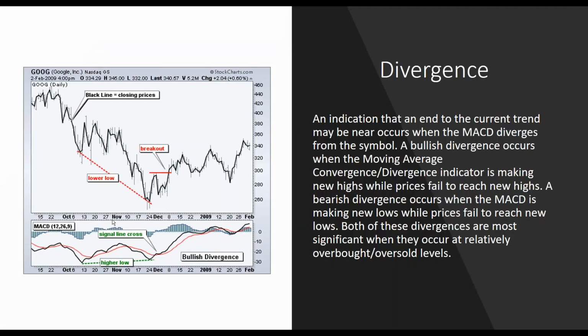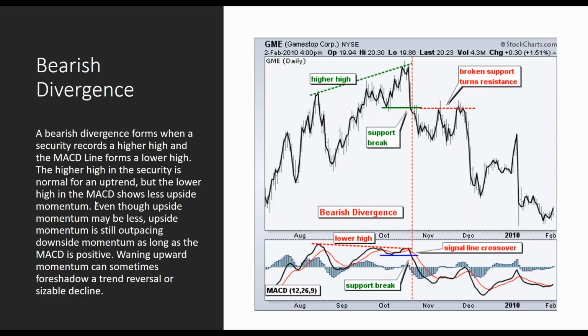We can use MACD in convergence, divergence, or overbought and oversold conditions. So, bearish divergence. A bearish divergence forms when a security records higher highs and the MACD line forms lower highs.